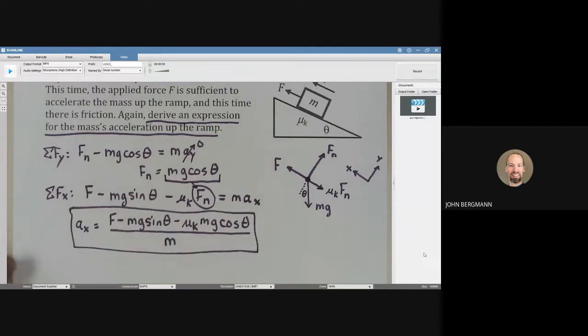You could factor out an mg from part of this term. You could divide an m out in part of it. That's fine. There are many ways you could simplify this, but without wasting your time on this video, that would be an acceptable expression in my book.